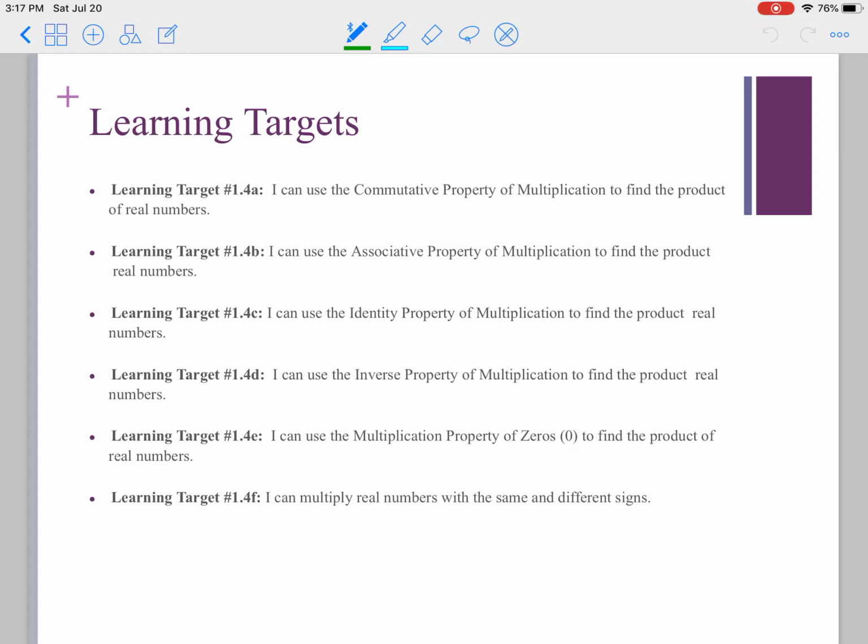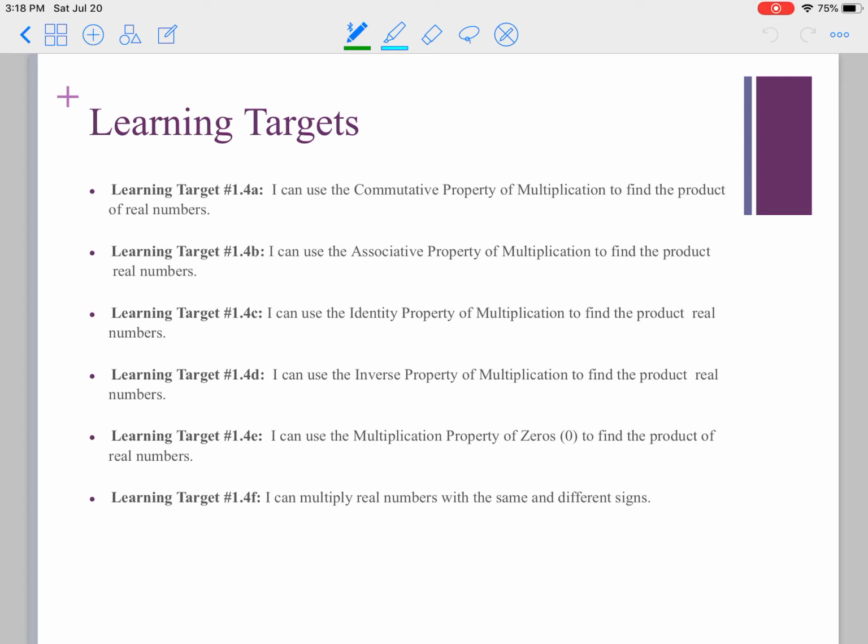For those of you that may have already watched and learned Unit 1.3, which was the properties of real numbers focusing on addition, you may notice that there are some similarities between the properties of addition and properties of multiplication. Some of that will carry over from the addition unit into this unit.